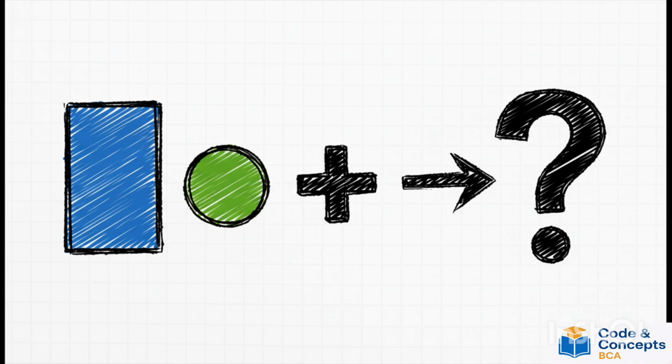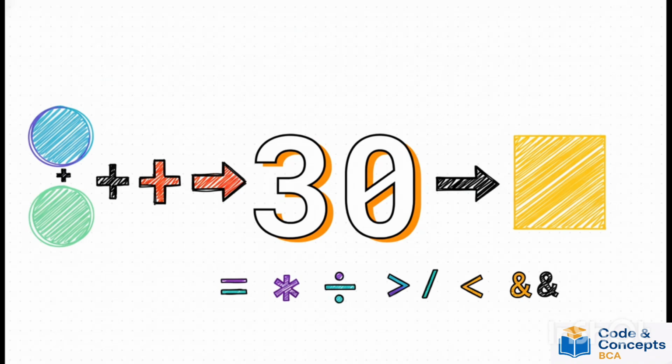So what happens next? And bam, the computer performs the operation and gives us a result. In this case, 25 plus 5 gives us 30. It's that simple. The key thing to remember is that an operator takes some operands, performs an action, and almost always gives you back a new value. It's the fundamental building block of all computation.